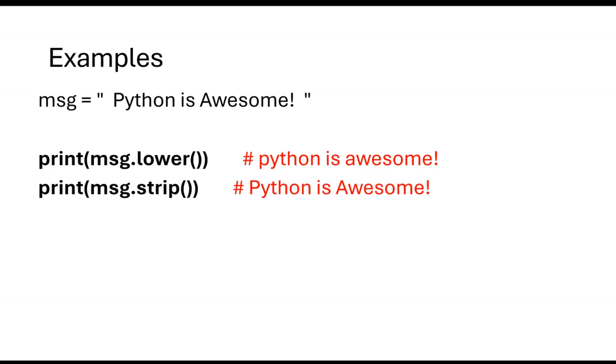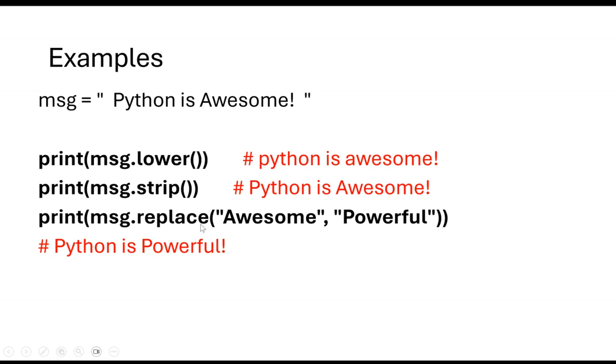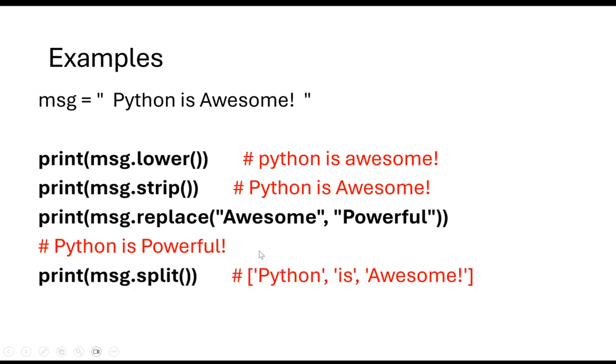If I use strip(), it will remove the space at the start and end and print the message. If I use the replace method, it replaces the word awesome with powerful and prints the message. And if I use split, it splits the string into a list of words and returns it.